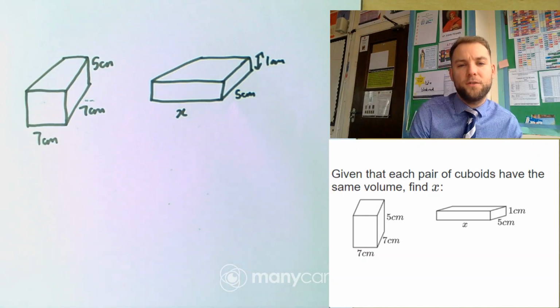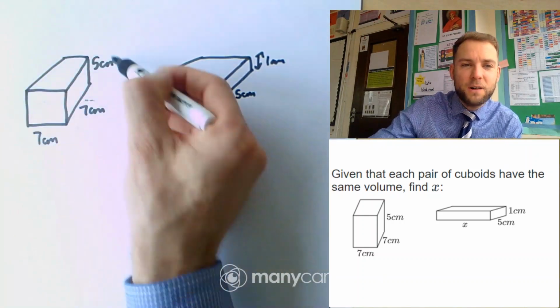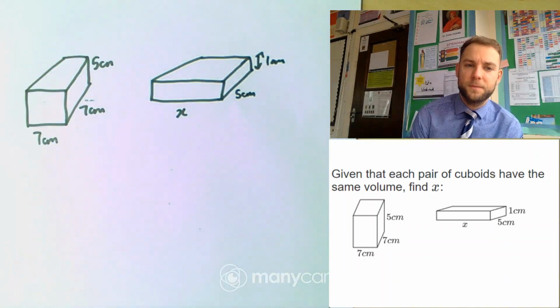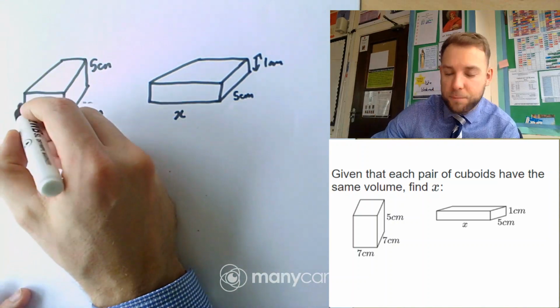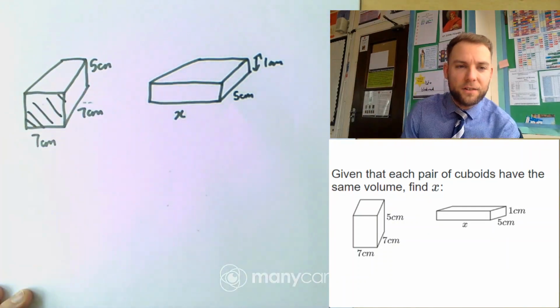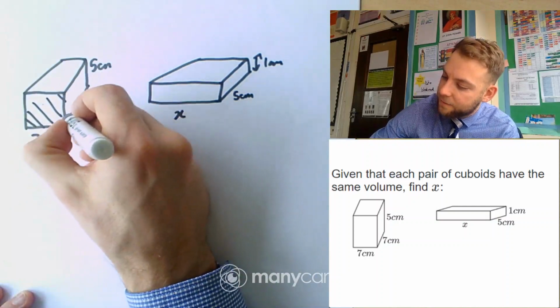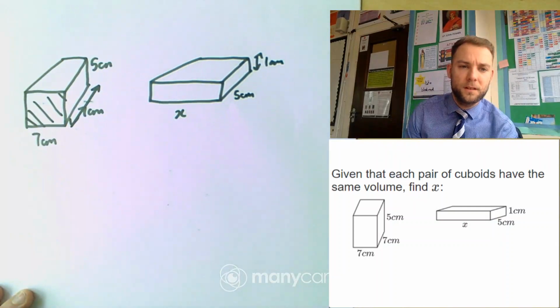So the only extra step that you've got with this one here is finding out what the volume of this is. And we know that the volume of any prism is the cross-sectional area times by the depth, which in this case is 7.